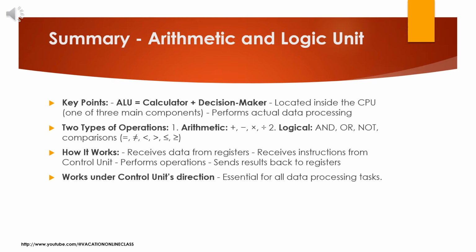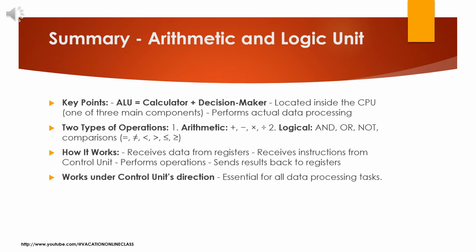Now, to summarize our look at the arithmetic and logic unit, let's review the essential points. The ALU is the calculator and decision maker of the computer, located inside the CPU. It is the specific place where the actual data processing happens. We've seen that it handles two distinct types of operations.